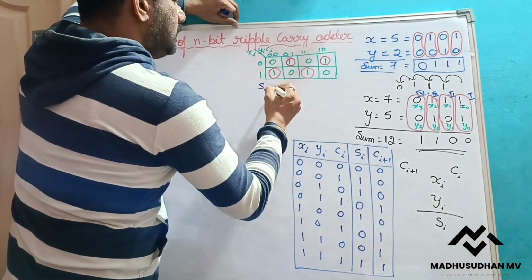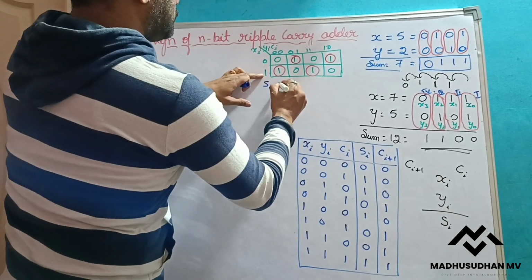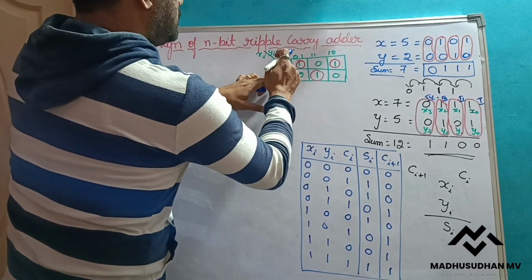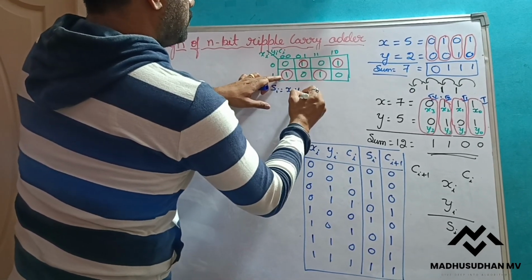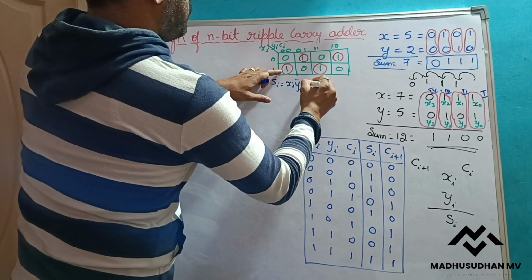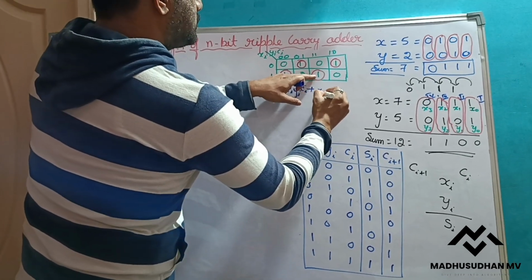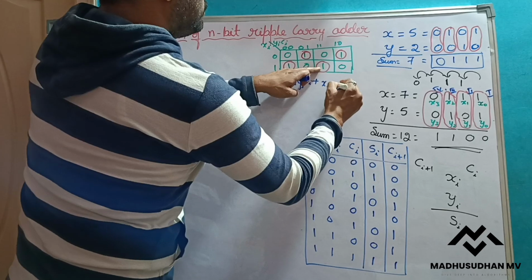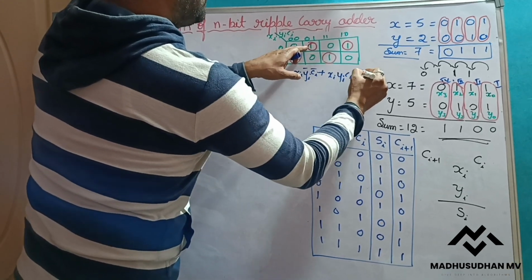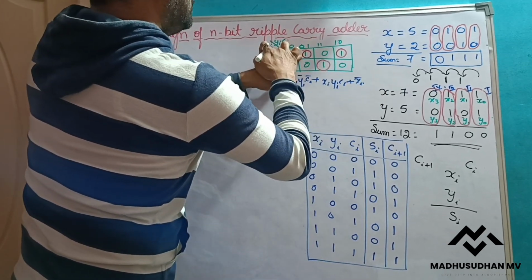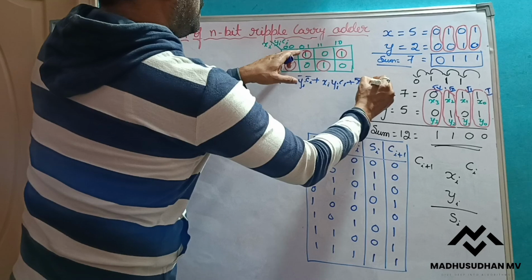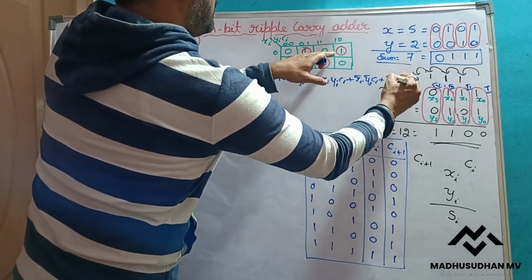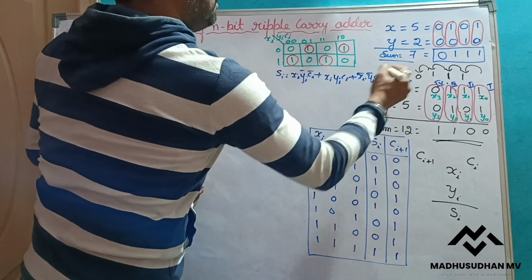I am looking for Si. Si is equal to, if I take this one, this belongs to this row, Xi, and this is Yi, Ci bar, plus, now this one: Xi belongs to this row, and here Yi, Ci, plus, when I go to this one, Xi bar, Yi bar, Ci, plus Xi bar, Yi, Ci bar.